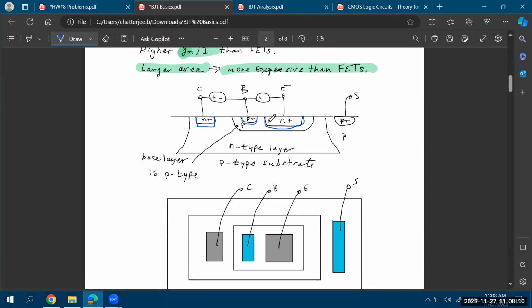So this is an NPN BJT, and NPN BJTs are analogous to NMOS transistors. Similarly, PNP BJTs are analogous to your PMOS transistors.